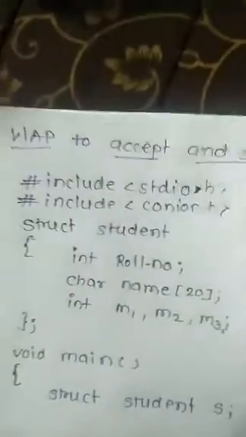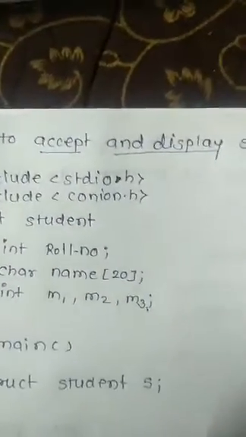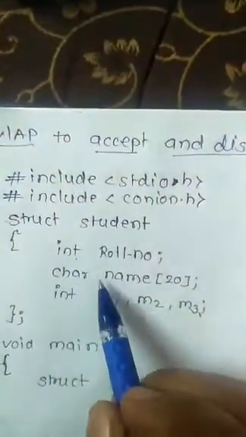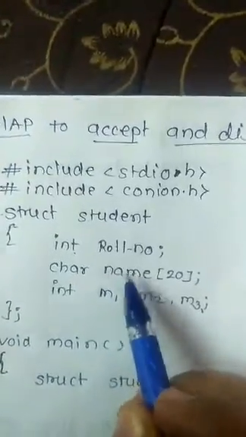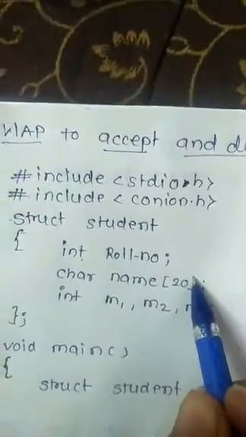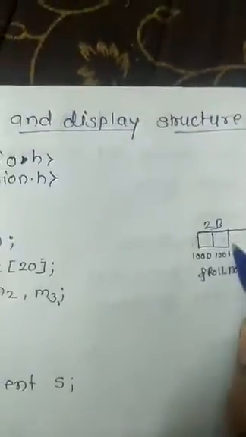Why? Because roll number takes 2 address locations at a time, as it is integer type data. Next is my name, the character array.